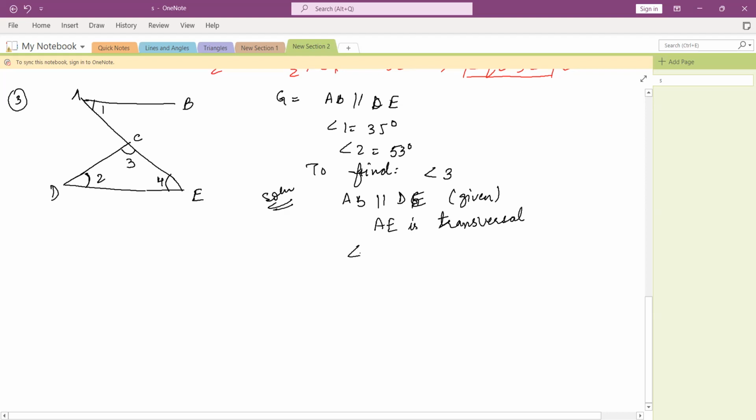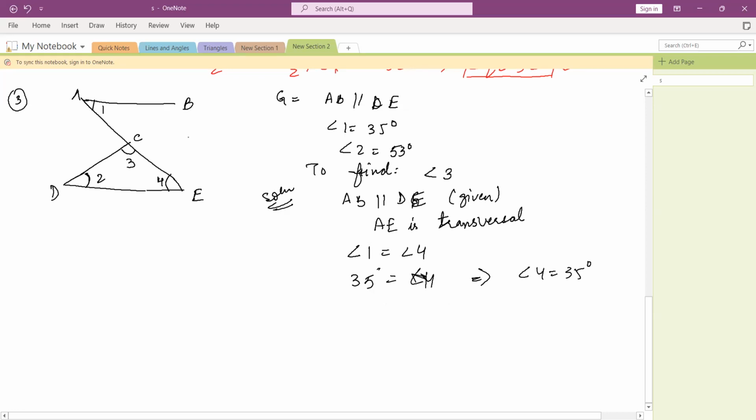So angle 1 will be equal to angle 4. Now angle 1 is already given to be 35 degrees, so angle 4 is equal to 35 degrees.